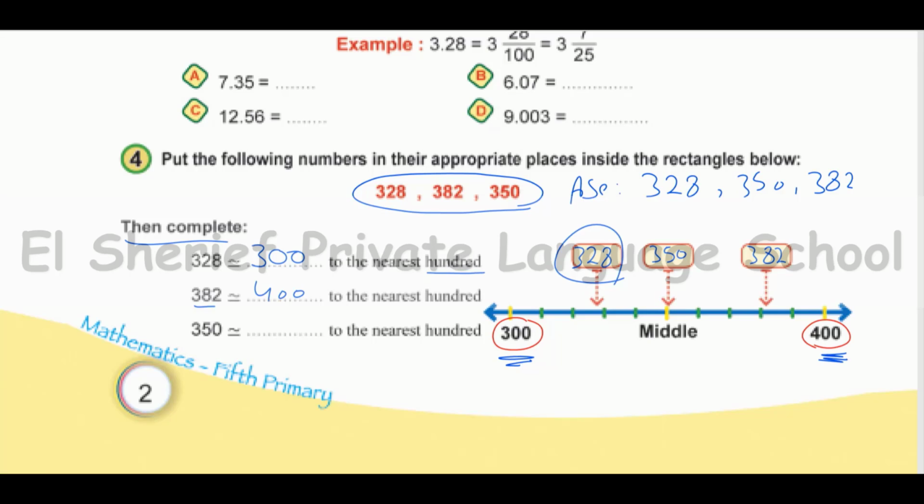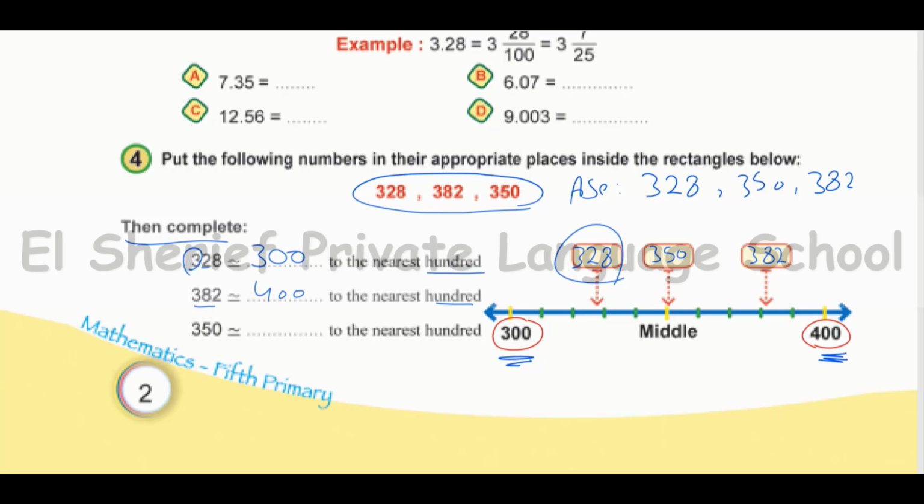We notice that when we need to approximate to the nearest 100, we look at the 10 place. If the 10 place is less than 5, we put the 100 place as it and put 0.